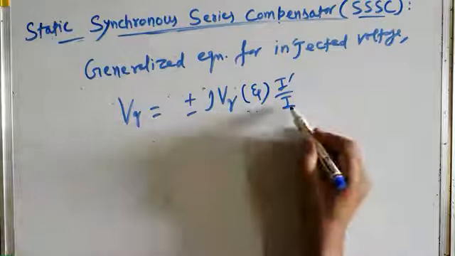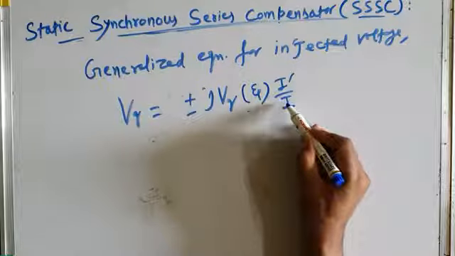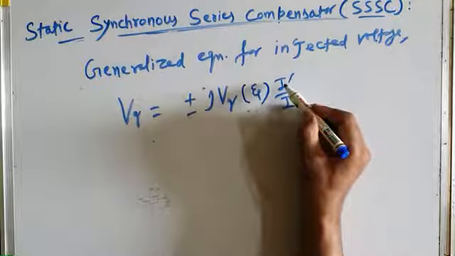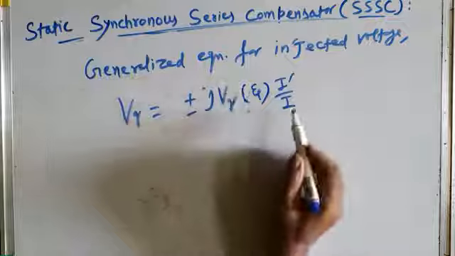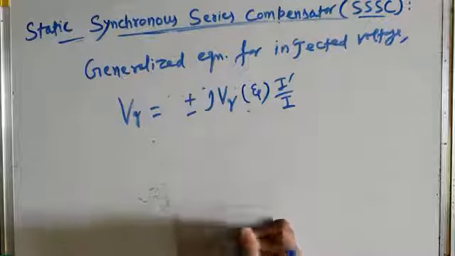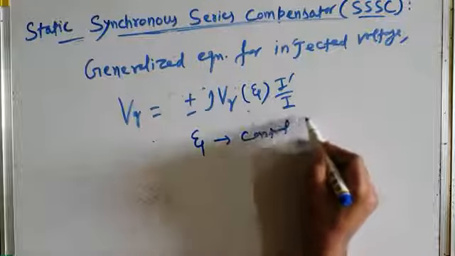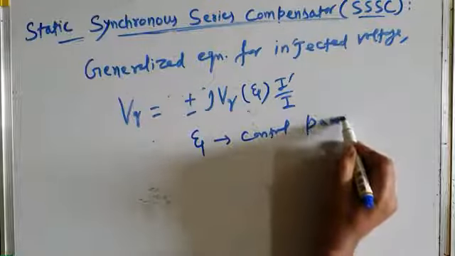I is the actual current in the line, I mean the uncompensated line, and I dash is the current when it is compensated by this SSSC series compensator. What is this sigma? It is a control parameter.